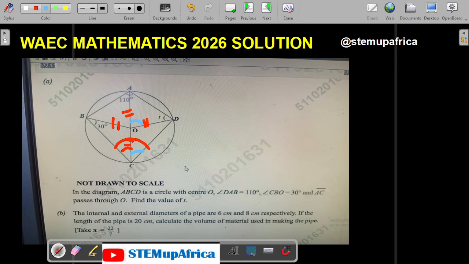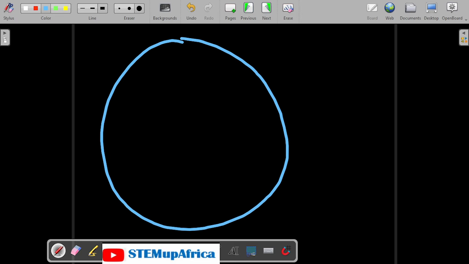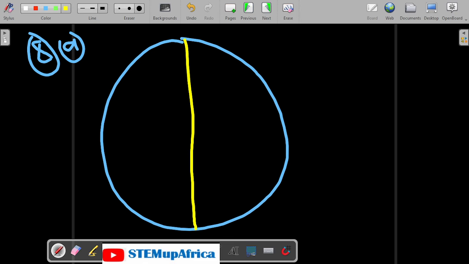So let me redraw the diagram for clarity's sake. We're going to have a situation like this. This is question 8a. We have a straight line from here, and this point here is not the center.